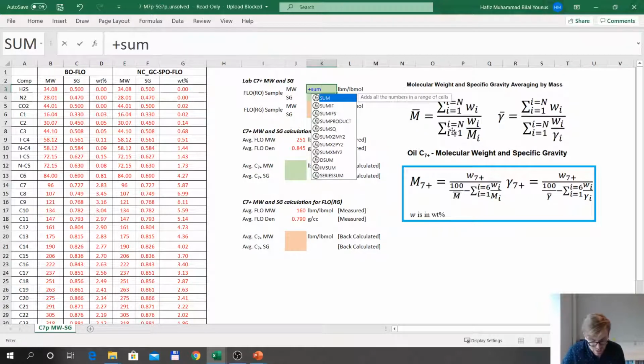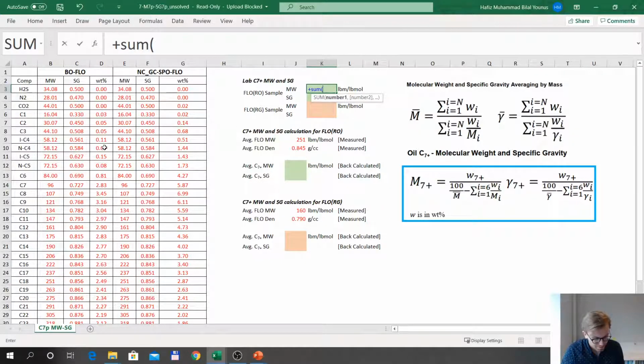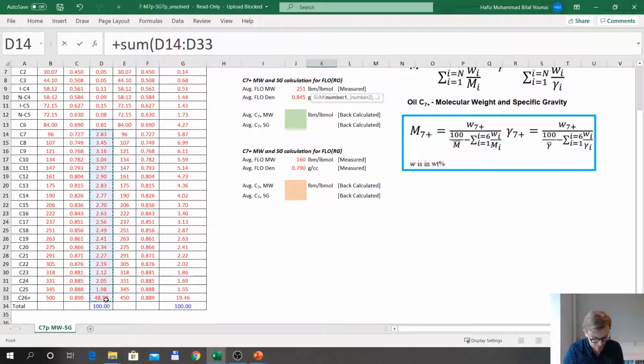So first we're going to do this for the reservoir oil. We're going to use this formula to the right here, which is averaging of molecular weights. We're going to sum up all the components heavier than and equal to C7.